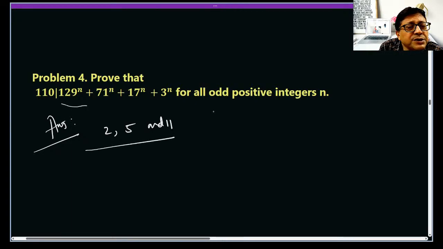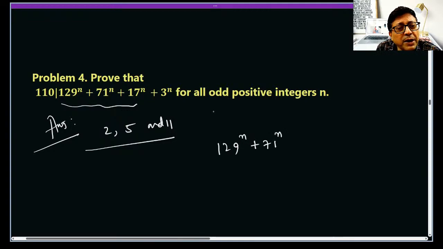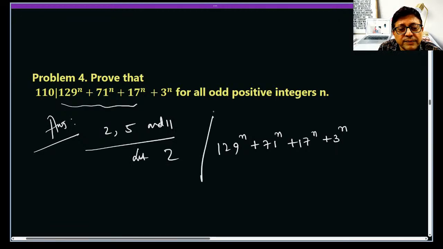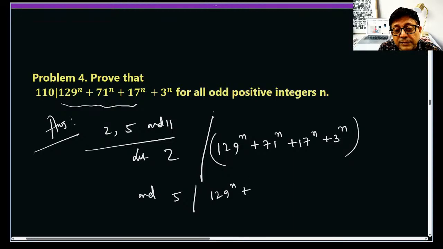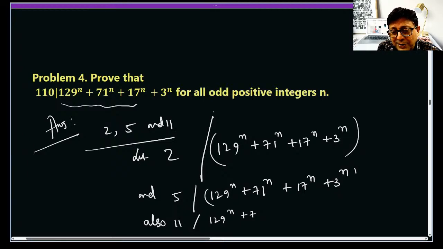If you are able to prove that this quantity, 120 to the power n, 71 to the power n, if you can prove that 2 divides this thing, and 5 divides this thing, and 11 divides this thing, let us prove it step by step.